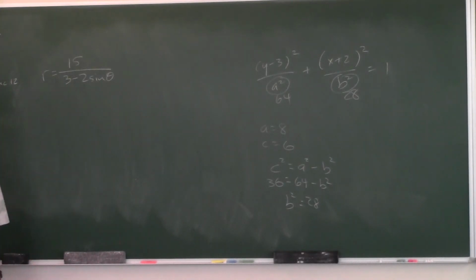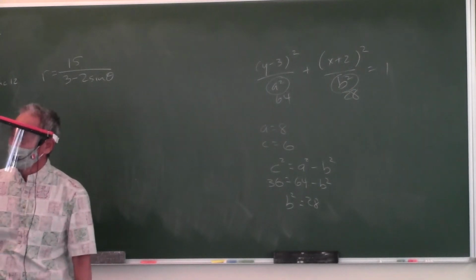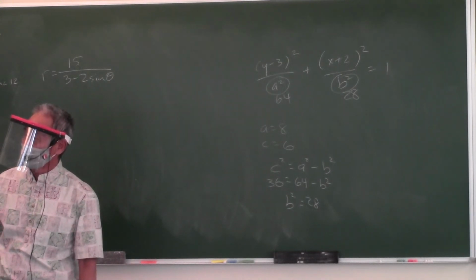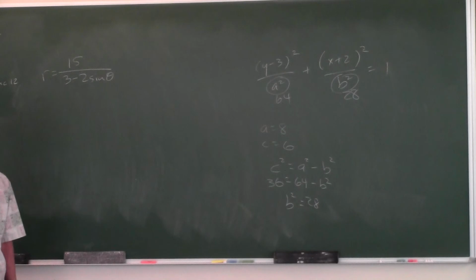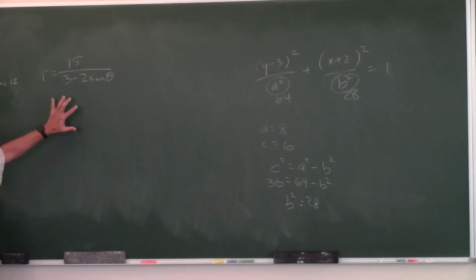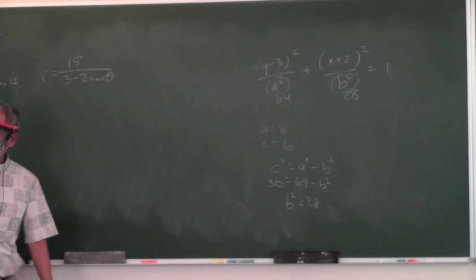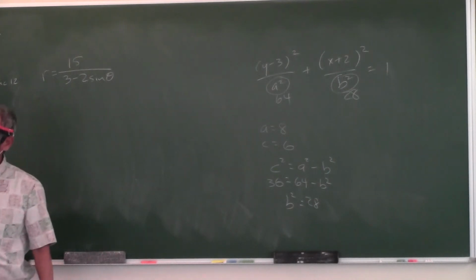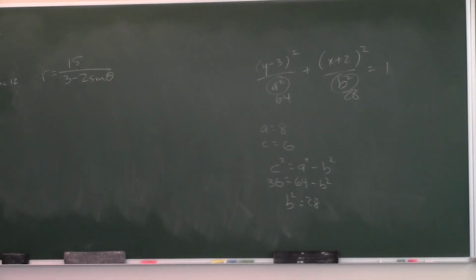Okay, what is the problem? It says, find the coordinates of the foci of this ellipse. Now, I'm not going to tell you this is an ellipse. However, look at the notes. We never went over everything in polar, but anytime you have an equation that looks like this or this, it's going to be a conic section.